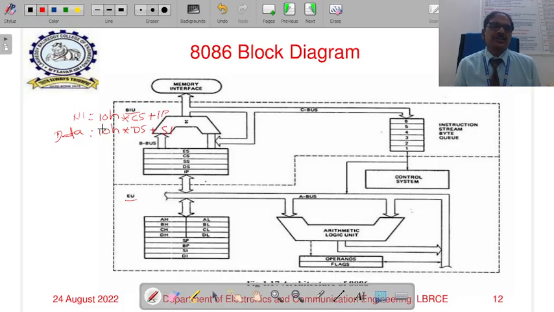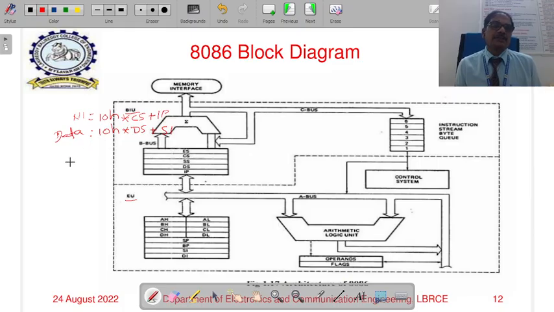This gives the 20-bit address for the data present in the memory. Then that data is read from the memory and used for performing the operation. That is how the address calculation unit calculates the memory address for either instruction or data.